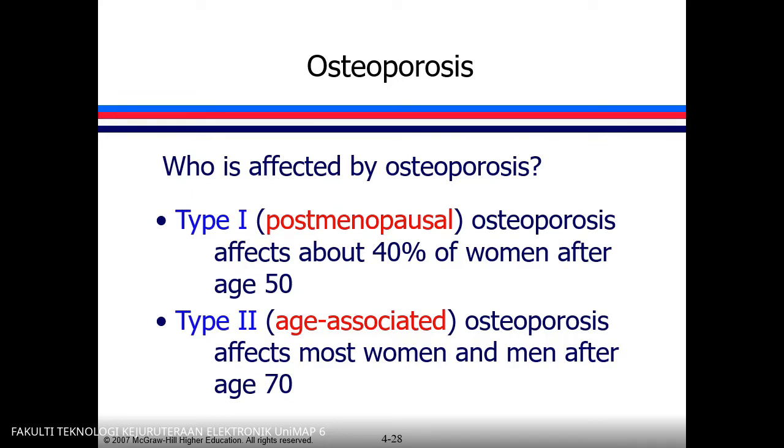Right, the second one is the age associated. So age ni semua akan affected. Men, woman, we will grow older, and osteoporosis affects most women and men after age 70. So there are two types, yeah. First is post-menopausal, only for women. Type 2 is for men and women, basically after age of 70.